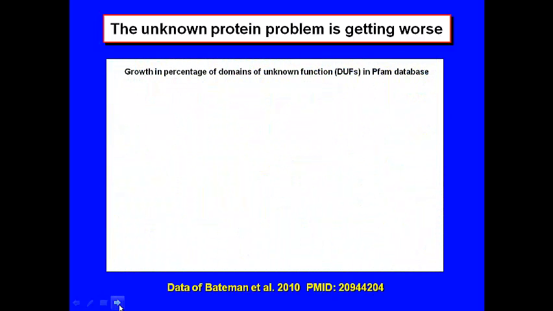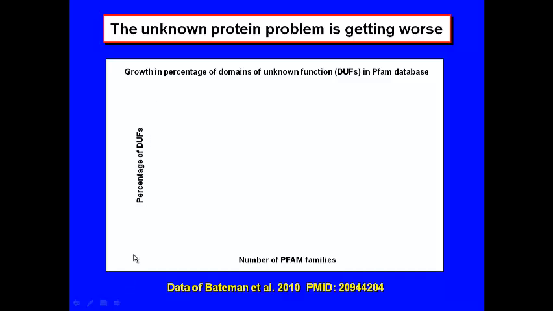Now, the unknown protein problem, the things in genomes that encode proteins and we don't know what they do, is getting worse, because this is a plot of the growth in the percentage of domains of unknown function in the PFAM database, a sequence classification database.